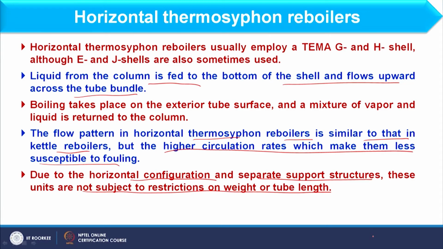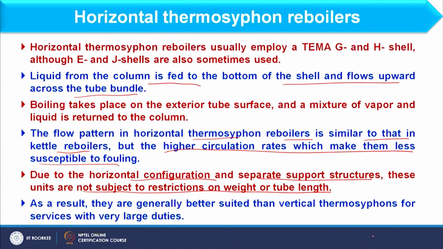So, if horizontal placement is there, we can provide more support, easy maintenance will be there, and this type of reboiler includes very high duty. So, if heat duty is large, reboilers can be placed horizontally.